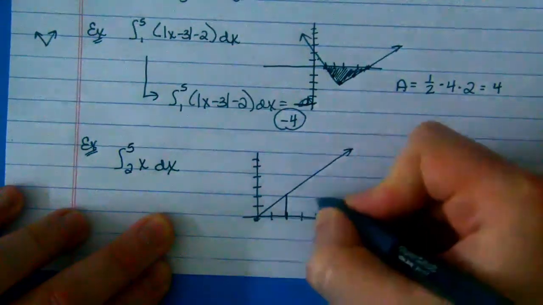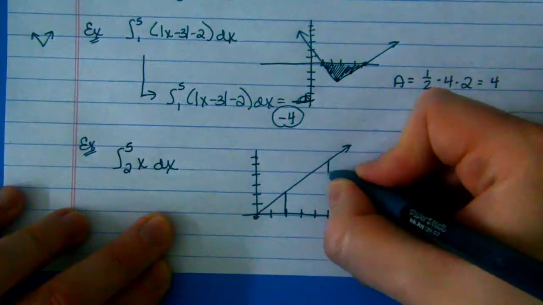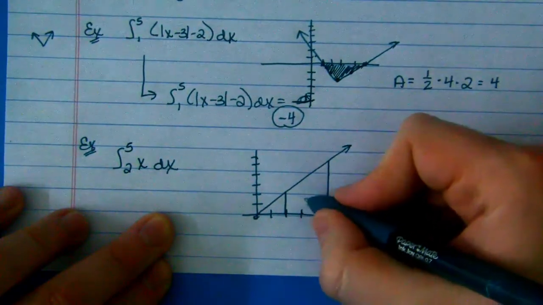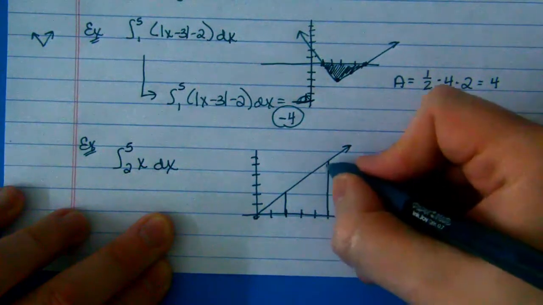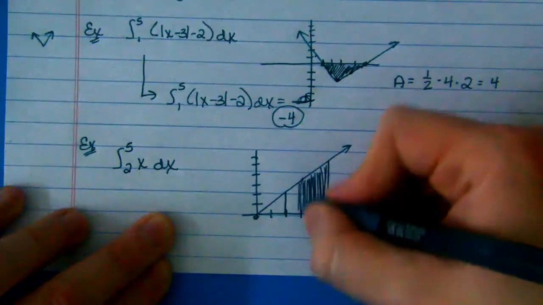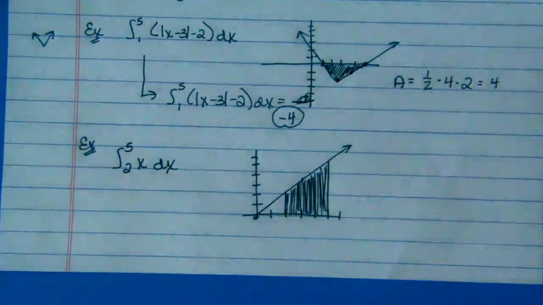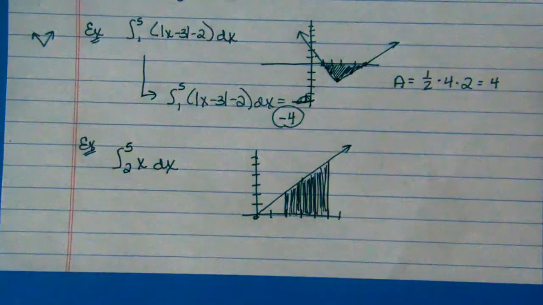I want to go from x equals 2 to 3, 4, 5 to x equals 5. I want to find the area of that shaded region. There are several ways you can do it. I'd like to see if you can find the area and then tell me how you found the area.